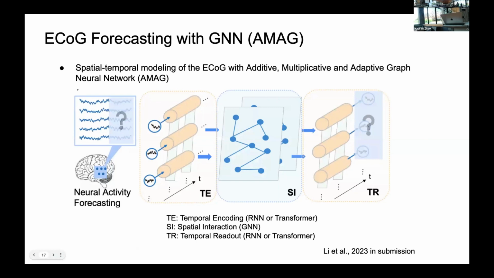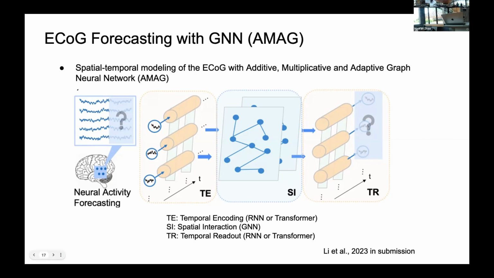To do the forecasting, we propose to use three different blocks: temporal encoding, spatial interaction, and temporal readout. For the temporal encoding, each ECoG channel is modeled independently.